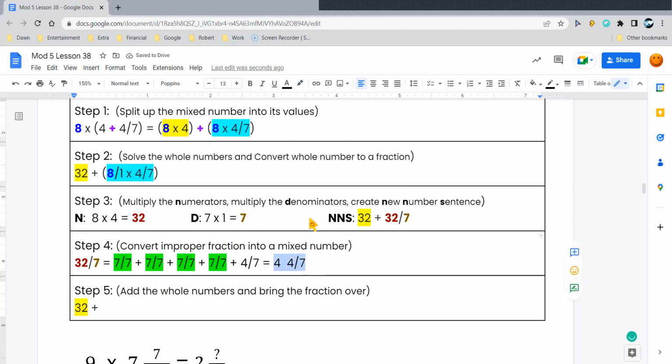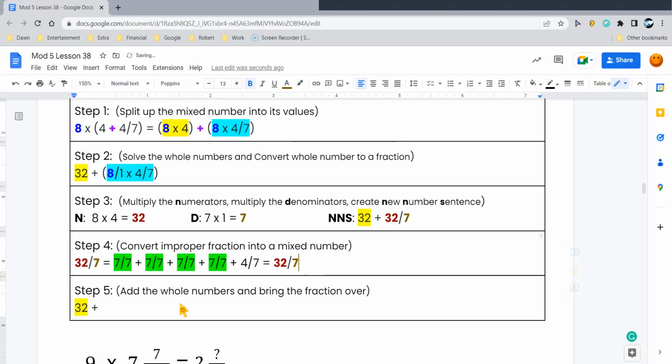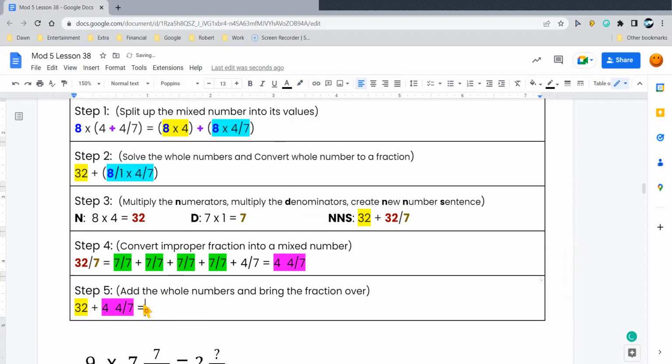I'm going to take this number right here, make it big, copy it, and bring it down right here. So now, this 4 sevens, you guys, I get to bring it right here because guess what?